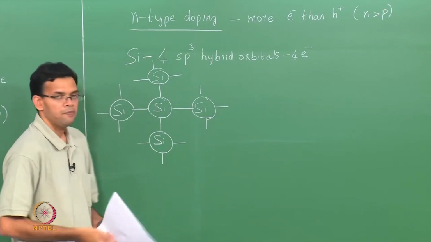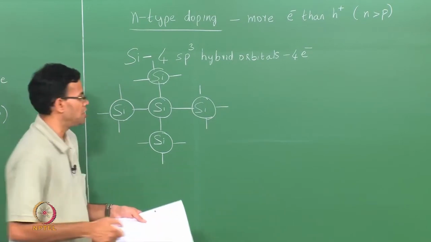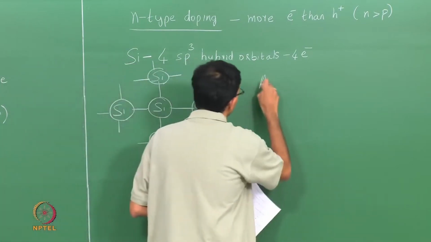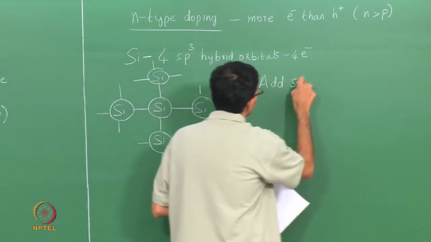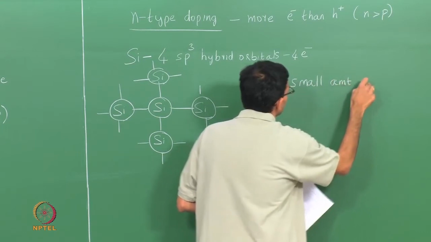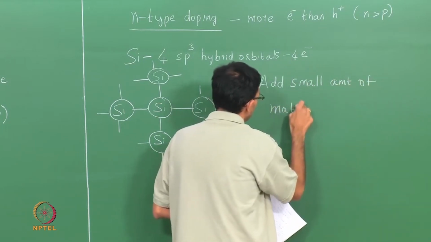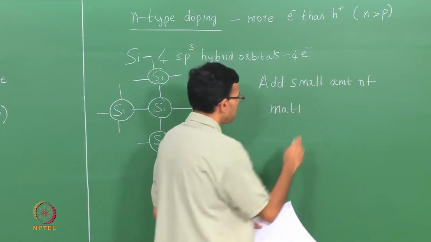Now, let us say we add a small amount of a pentavalent material, that is, we add a material from group five.